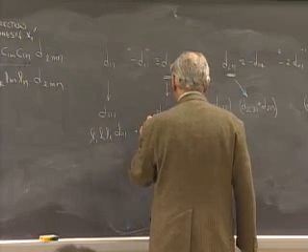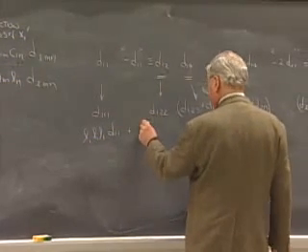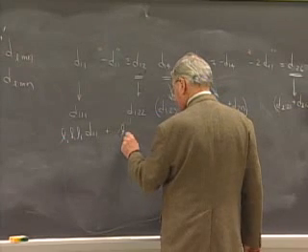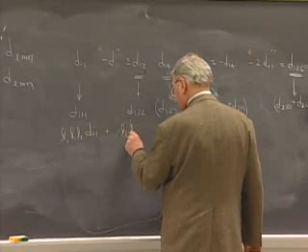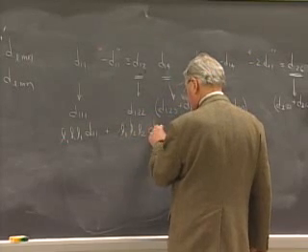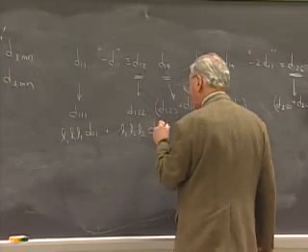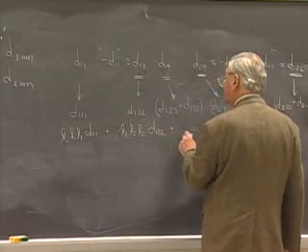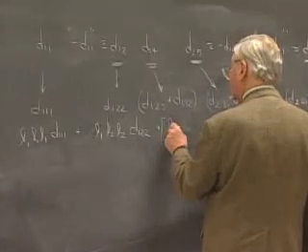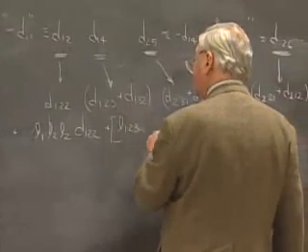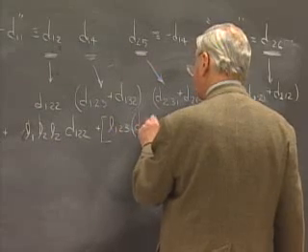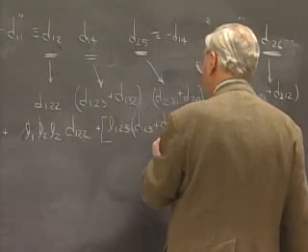The next term will transform as L1, L2, L2 times D122, and that will be D122 prime for a different orientation of x1. This will be two terms. This will be L1, L2, L3, and I can write them in any order. So this is L1 L2 L3 times D123 plus D132.